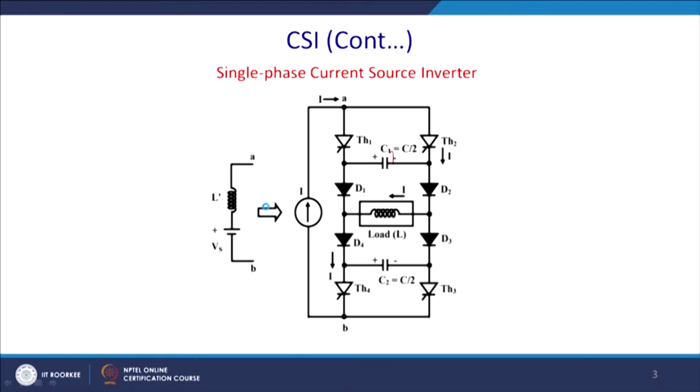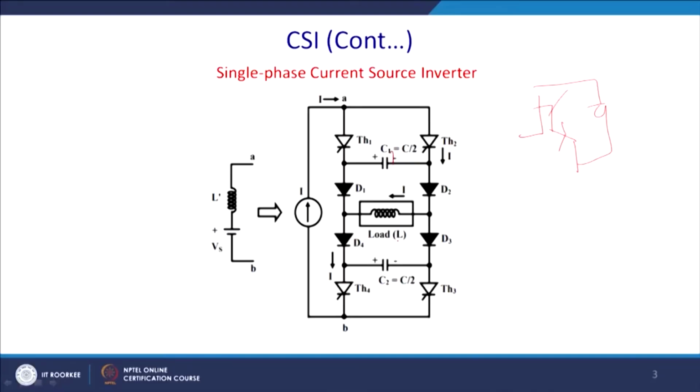Please understand, when you make it with a VSI, depending on the load, you generally have a bidirectional switch, which conducts for the positive cycle, and you require bidirectional current flow and unidirectional voltage.